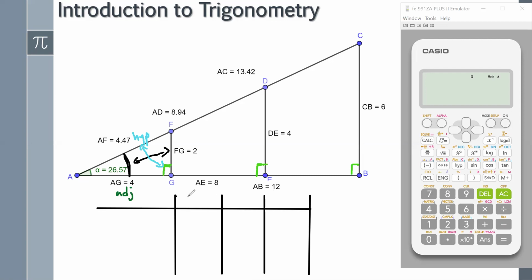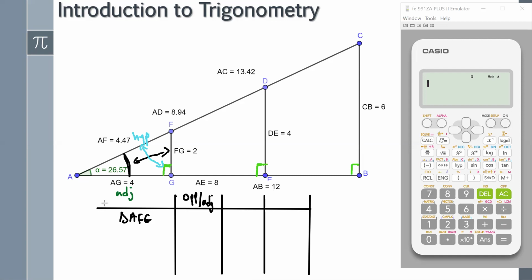So I want you to observe a number of ratios. We're going to observe what happens when we take the opposite and divide it by the adjacent in each triangle. So you're going to start with triangle AFG here, or AGF, up to you.